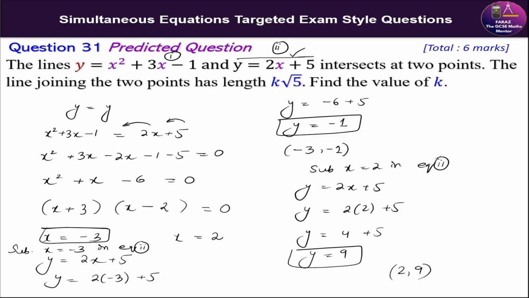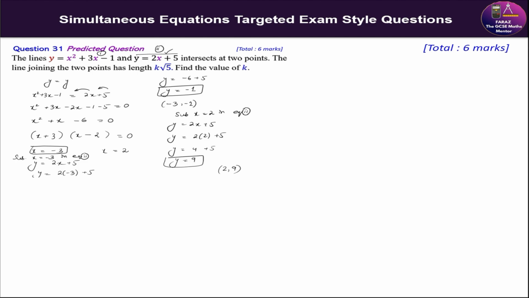Now the next step, we have to use the distance formula to find the length of the line between them. So here we have to start with this thing. The distance formula is x2 minus x1 whole square plus y2 minus y1 whole square.